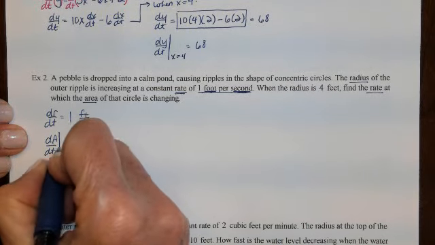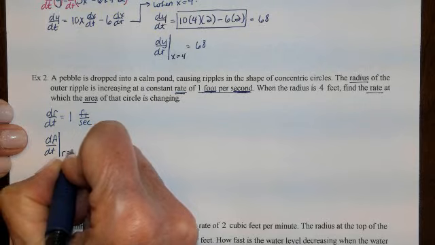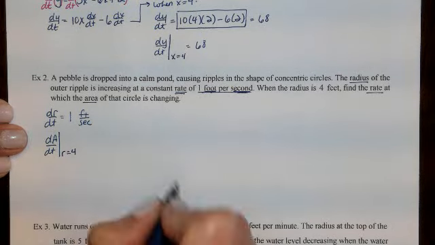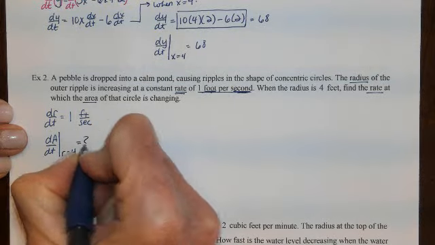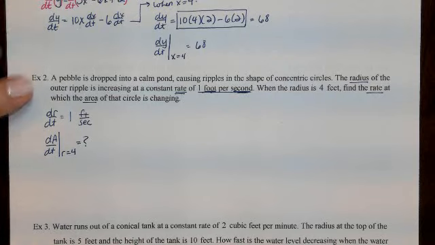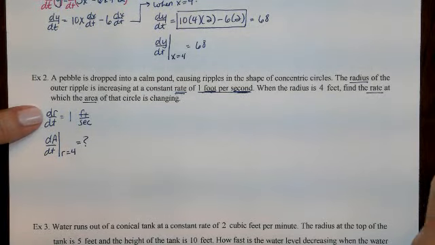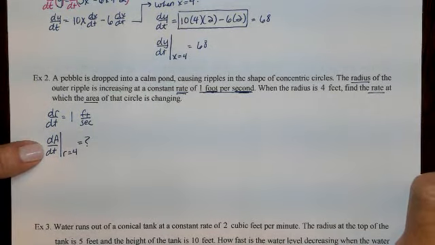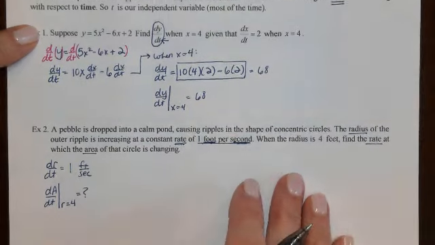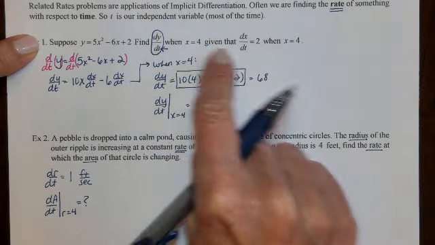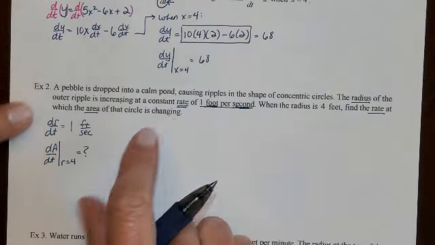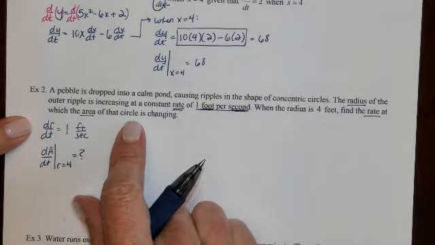So I'm going to say when r equals 4. That's what we're looking for. Sometimes I like to write what I'm given and what I'm trying to find. It helps me keep everything in order.